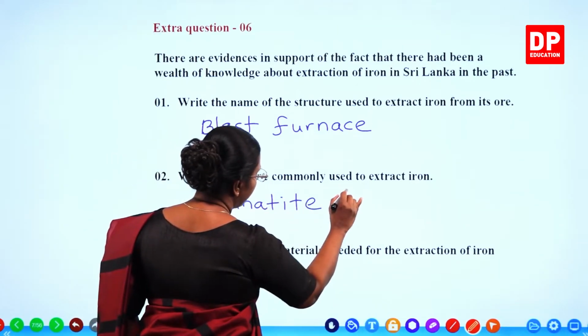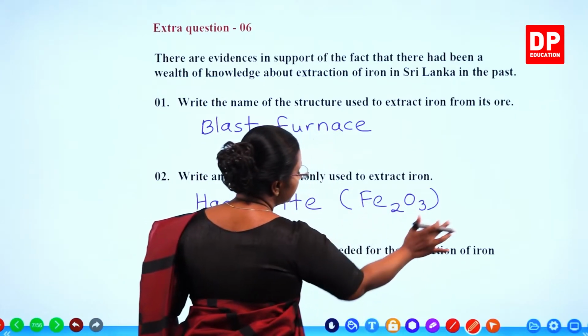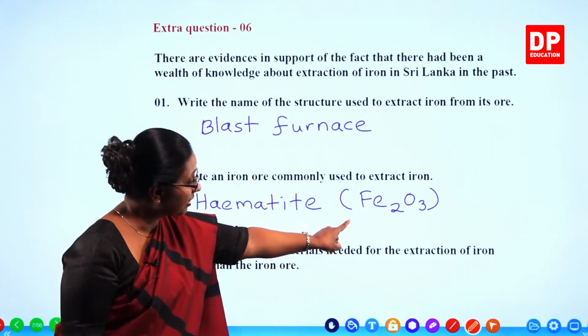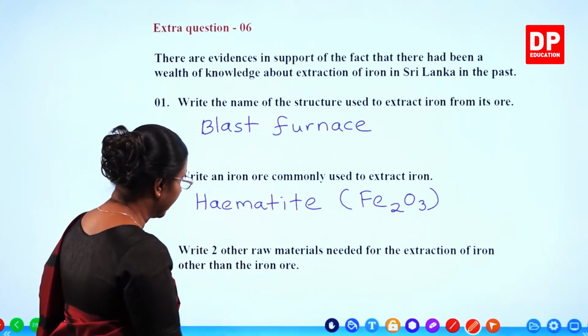You all know the chemical formula, Fe2O3. This is not compulsory, students. If you write hematite, that is more than enough. But for you to recall and remember, I have written the chemical formula as well.